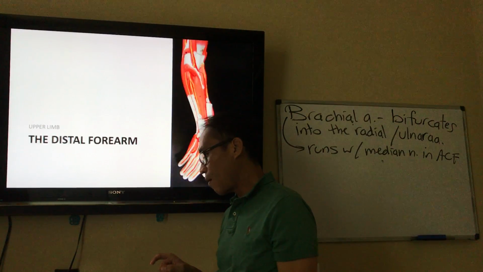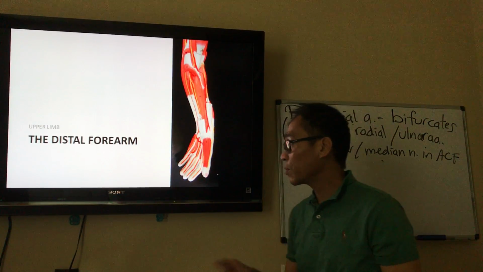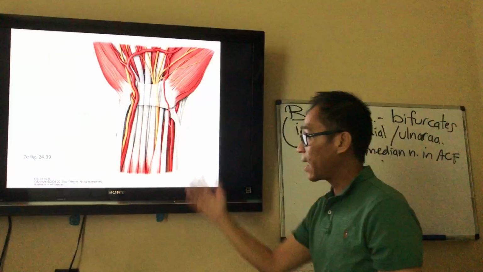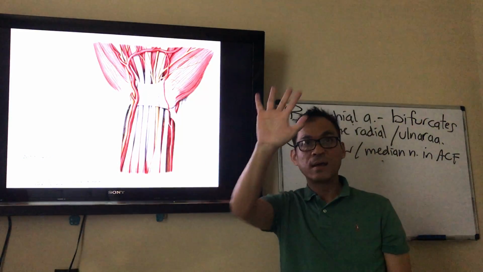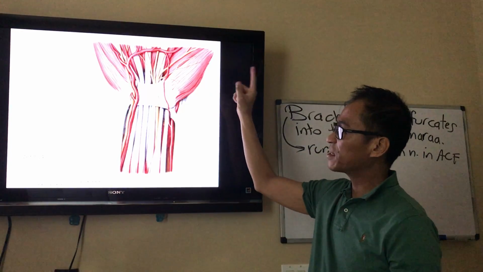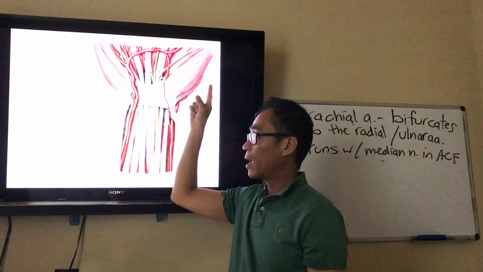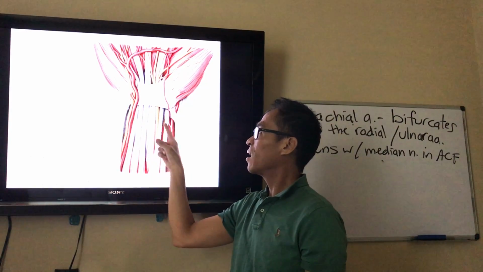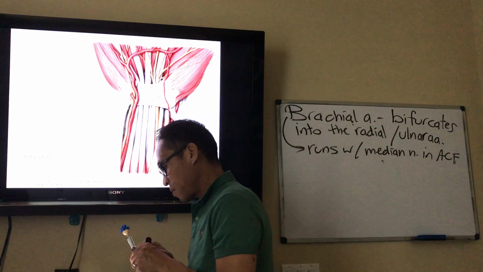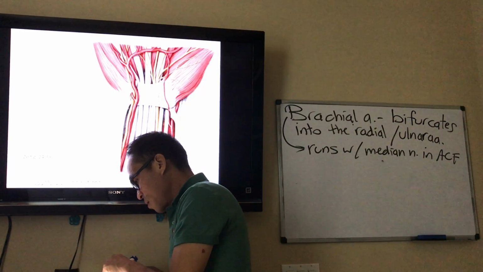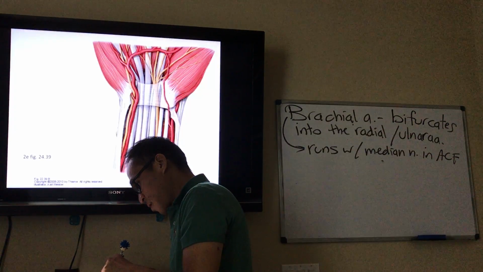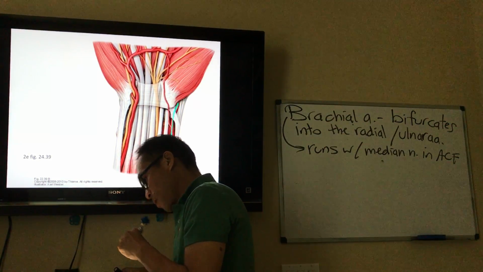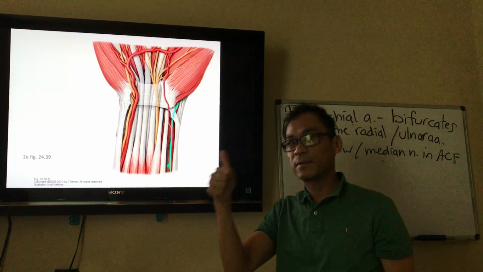So if you follow the radial and ulnar arteries to the distal forearm, you get this picture here. Here's the hand, right? This is my right hand, and so that's the thumb. That's the thenar eminence, hypothenar eminence. You don't have to know that, but be able to identify these arteries here and here. In blue here, that's the thumb side.